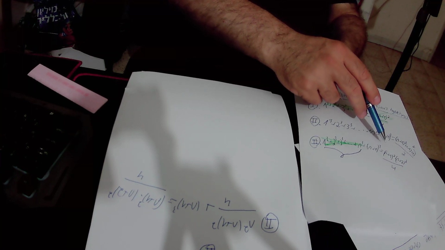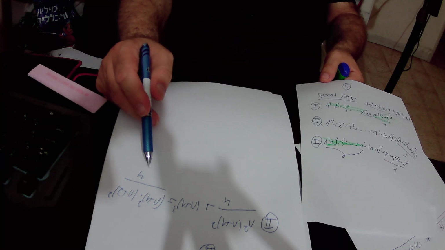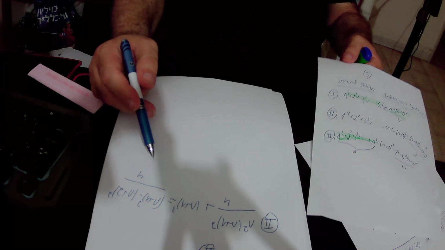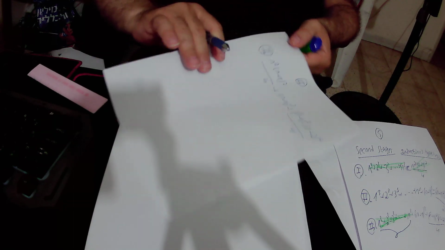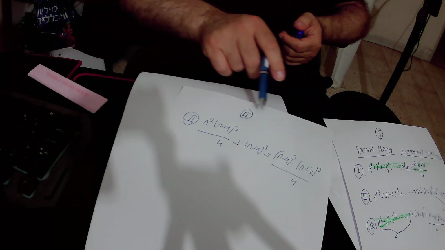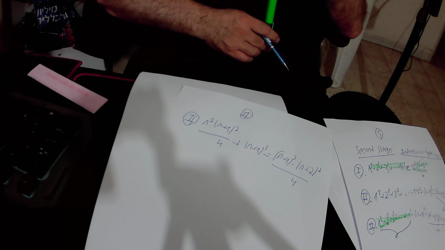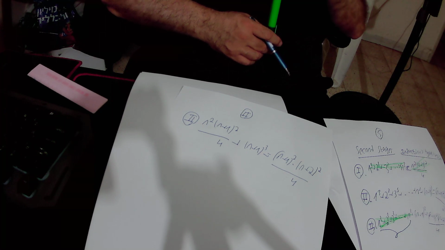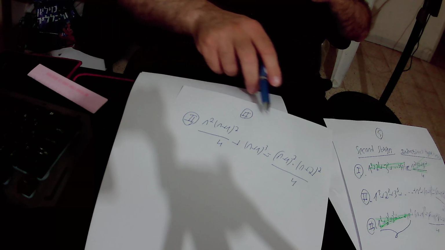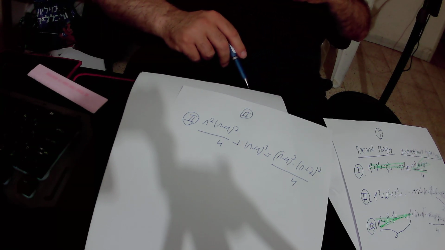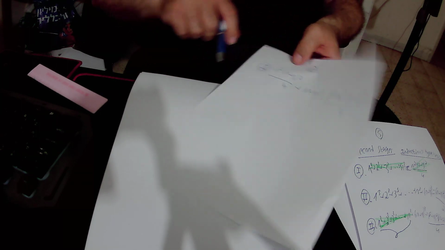So we copied this expression as it is to here. So we actually have to prove that this expression for n plus 1 is true. In order to prove that this expression is true, we will divide both sides of the equation by n plus 1 square, because we have n plus 1 square in both sides of the equation.